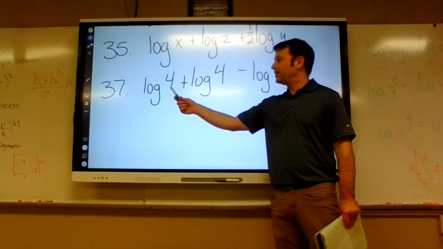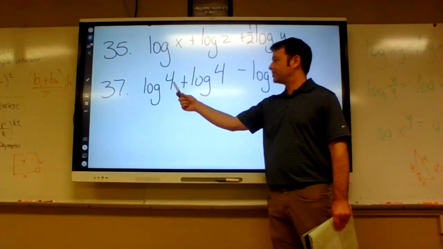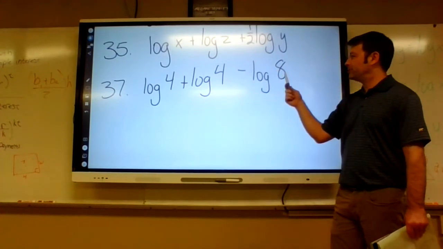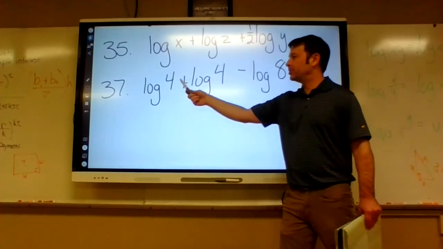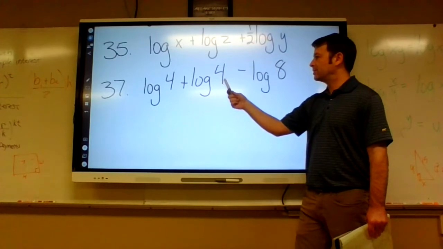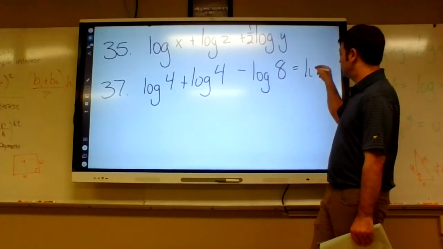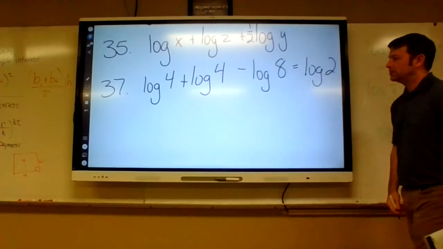All right, when we're adding logs together, what can we do with the numbers? Multiply. When we're subtracting logs, what do we do with the number? Divide. So we're going to do 4 times 4 divided by 8. 2. So it's just log of 2.